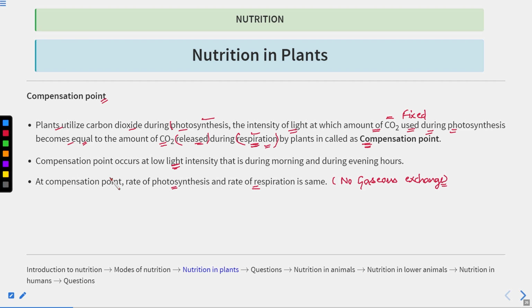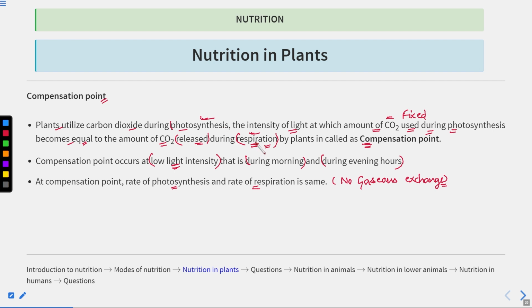So here, what are the points you have to remember? First, it happens at low light intensity, and low light intensity is during the morning time or during the evening hours. Then you have to remember two phenomena, photosynthesis and respiration. During photosynthesis, carbon dioxide is used, it is fixed, and during respiration, the carbon dioxide is released.